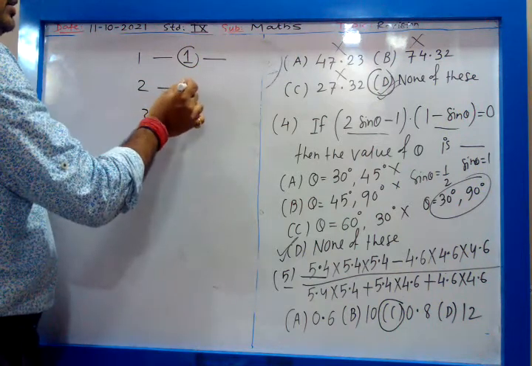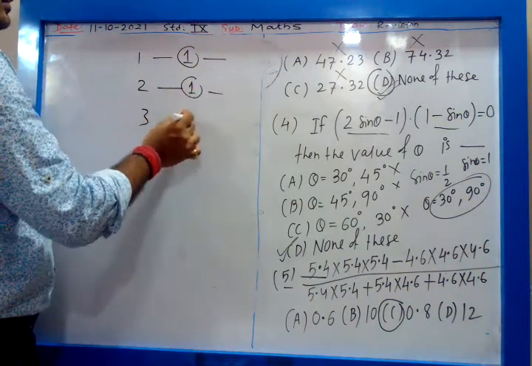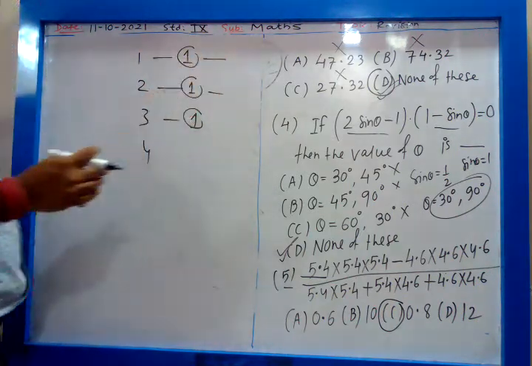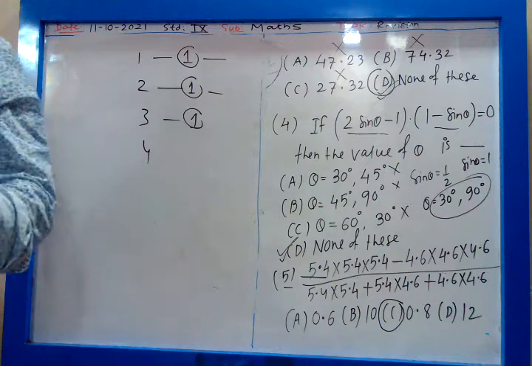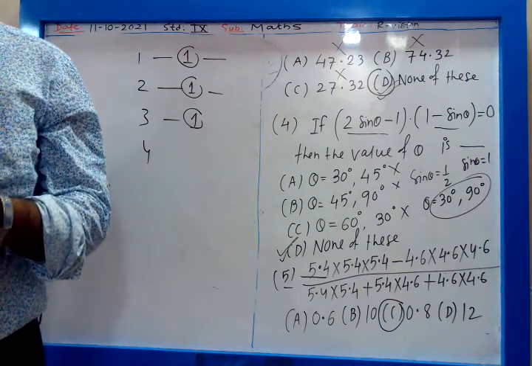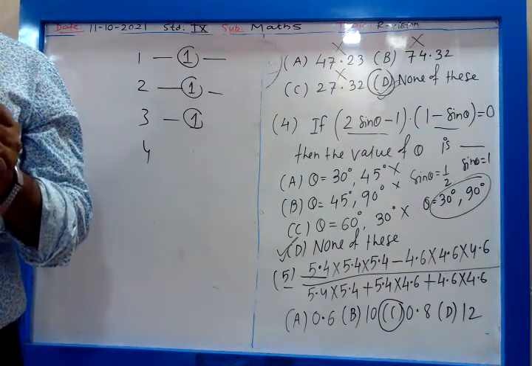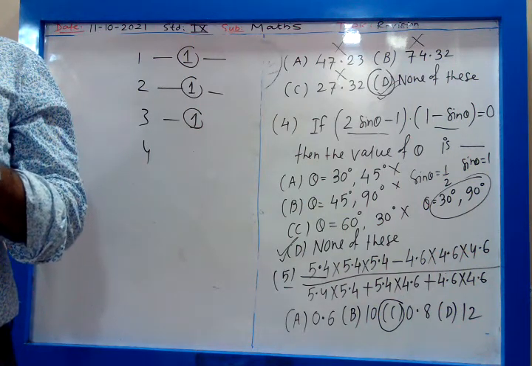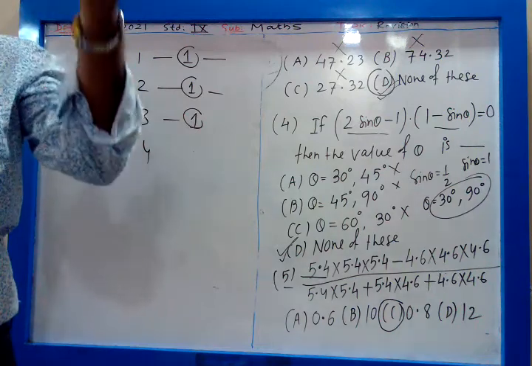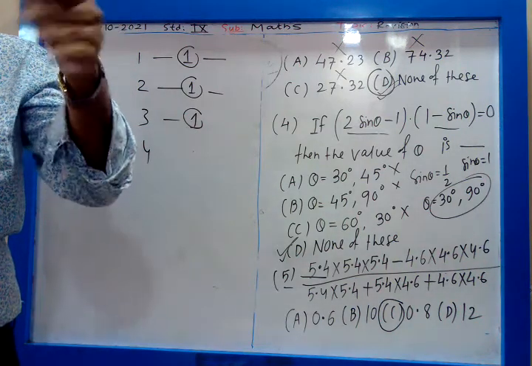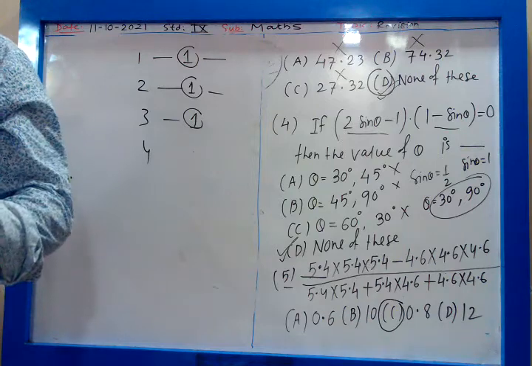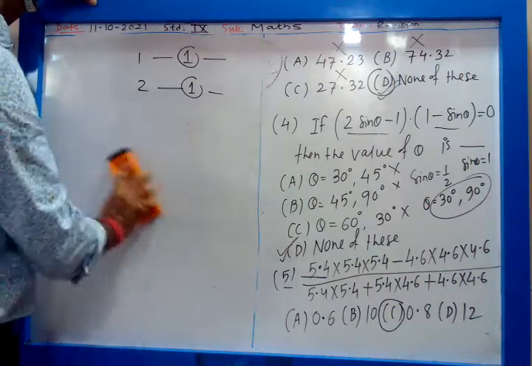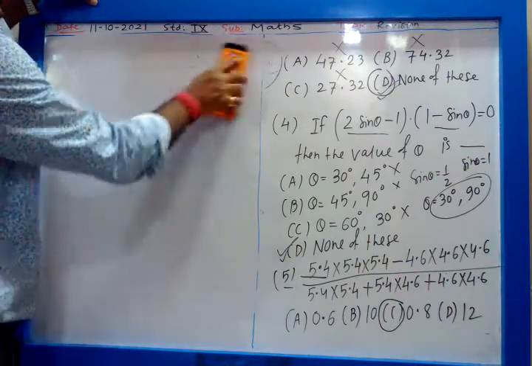So the order of question and order of answer will be different, random. So do not ask your friend which option. The same question may not be the question for the next student, and the option will also be different. So don't depend on those type of things. It is better you solve your own answer and get the answer.